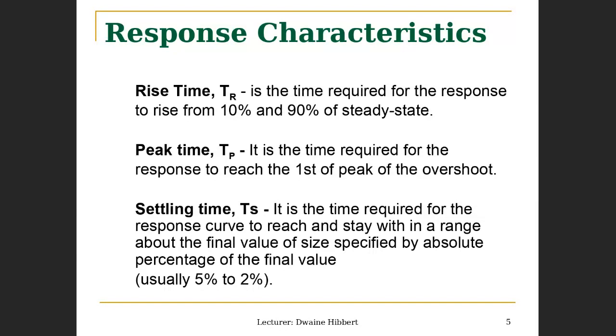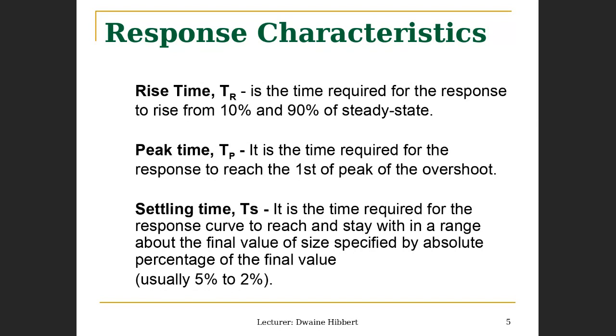It is specified by an absolute percentage value, which could be 5% or 2%. Once it gets and stays within 2% of that final value, we say it has settled. In some instances the value used is 5%, in some cases 2%.